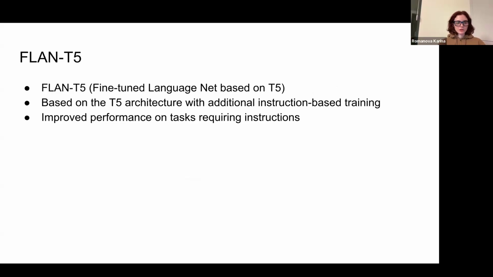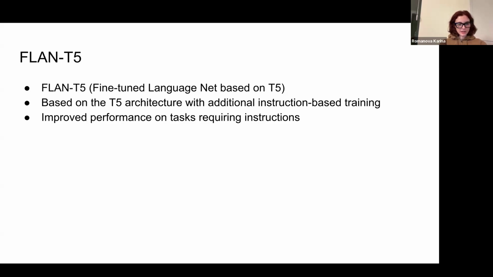Okay, let's move to the last type of architecture, and I think it is the last step which we will discuss in this lecture, but we will continue in one week with what has changed from Flan-T5, and we will make some conclusions of all the changes and the development of large language models.